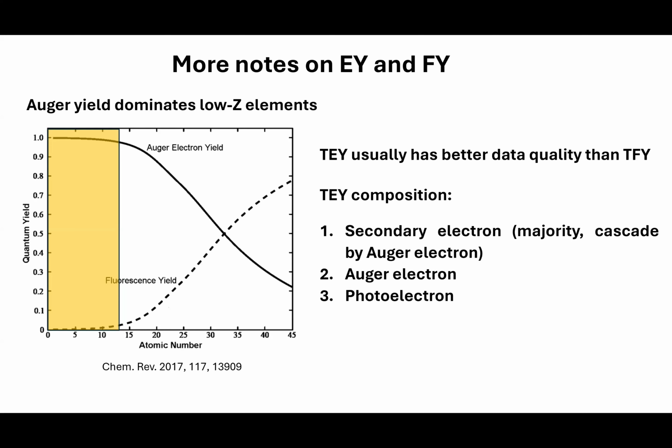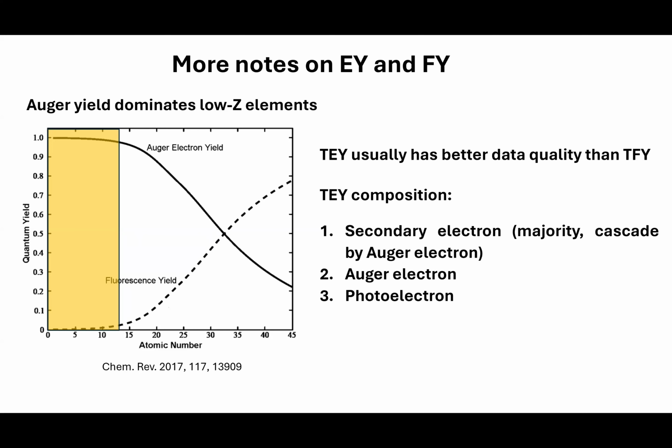Only less than 1% really gives us the fluorescence decay. So what does that mean? That means measuring fluorescence could be more challenging than measuring the electron yield, because you have so many electron yield decay processes going on, right?